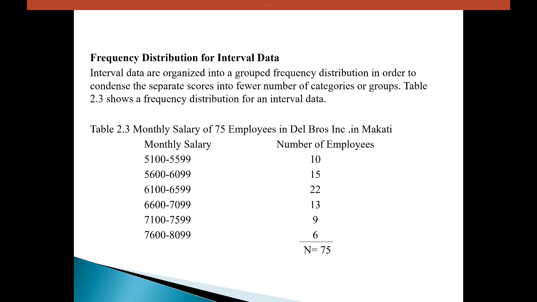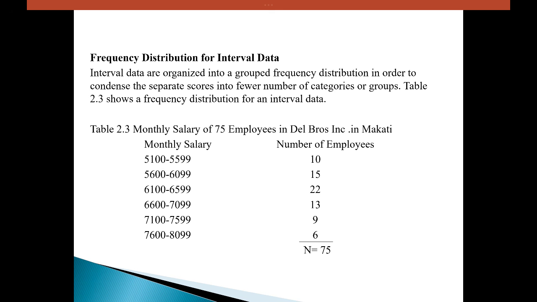Okay, so here your table 2.3 shows a frequency distribution for the monthly salaries of 75 employees. As you can see, it is grouped into classes, and your first class interval is 5,100 to 5,599 pesos.